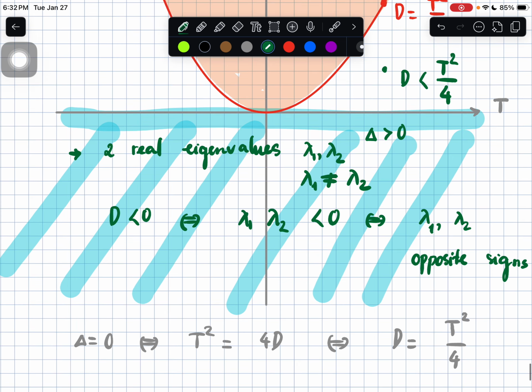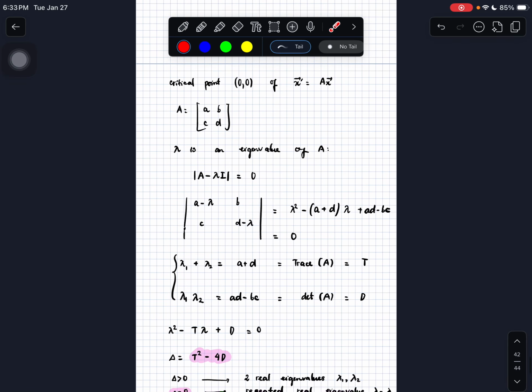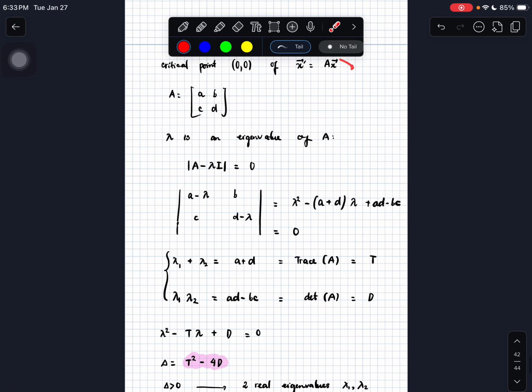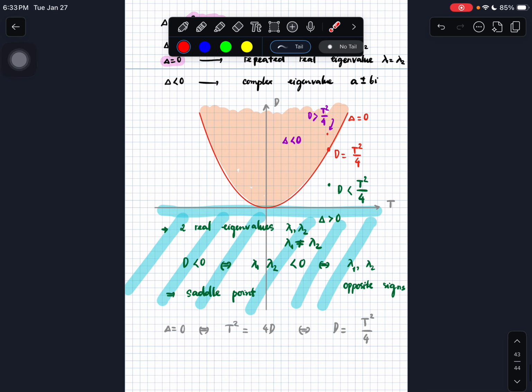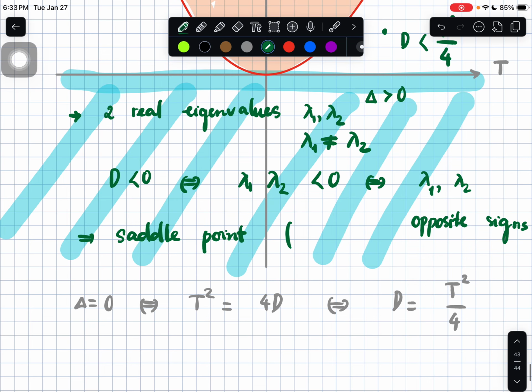So this one would give us a saddle point. The critical point (0, 0) of the differential equation we look at will be a saddle point, and a saddle point is unstable.